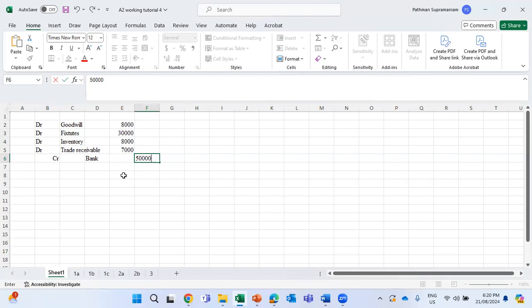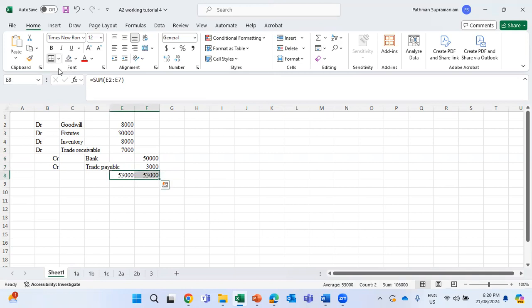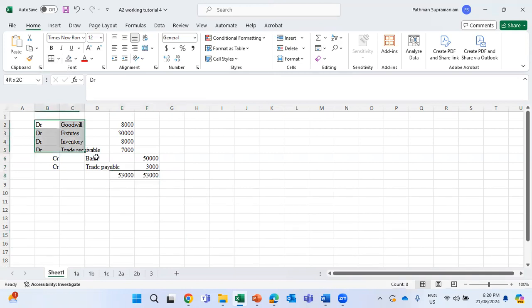When you put a journal entry, you must make sure that the journal entry balances. The other extra part is the trade payable. The buyer is bringing in the seller's trade payable. That means the buyer will pay off the seller's trade payable of 3,000. Can you see these two balances? This is the important part that you should be able to do.